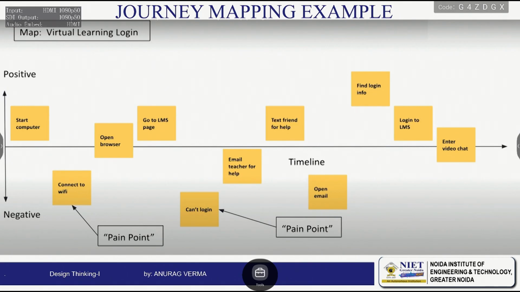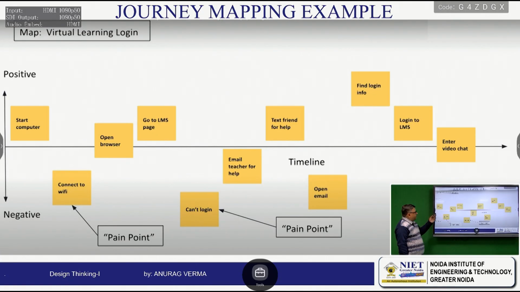So you can see in this example the student is logging into a video chat following a sequence of events on a timeline, and during that sequence some of the experiences are good, which are shown on the positive y-axis, and some are bad, which are shown on the negative y-axis. So this is one example of journey mapping.